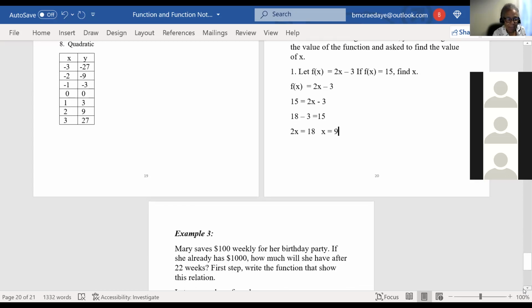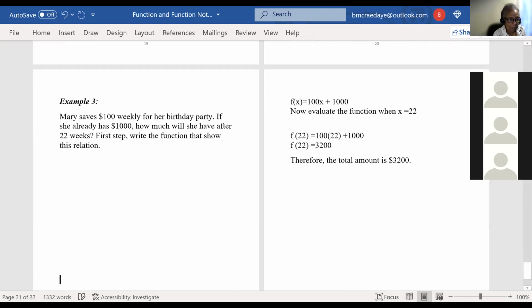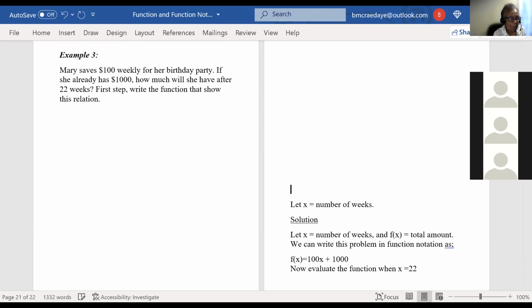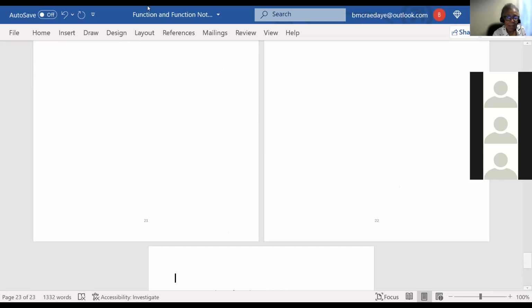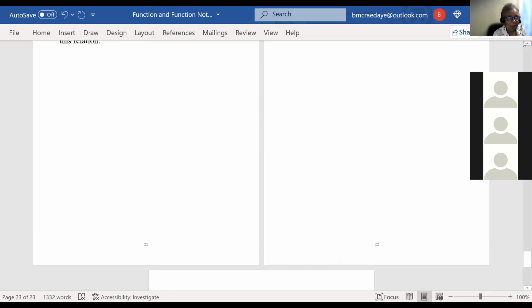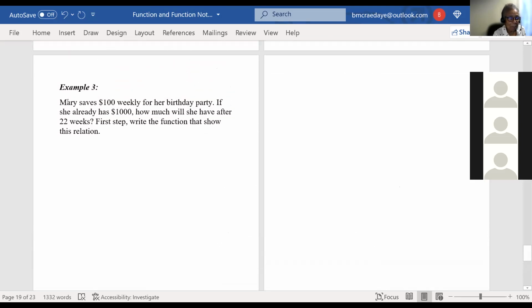Yes, that's clear. Now, I want you to write the function for this word problem. Mary saves $100 weekly for her birthday party. If she already has $1,000, how much will she have after 22 weeks? Now, I don't want you really to solve it. I want you to write the function that shows this relationship.